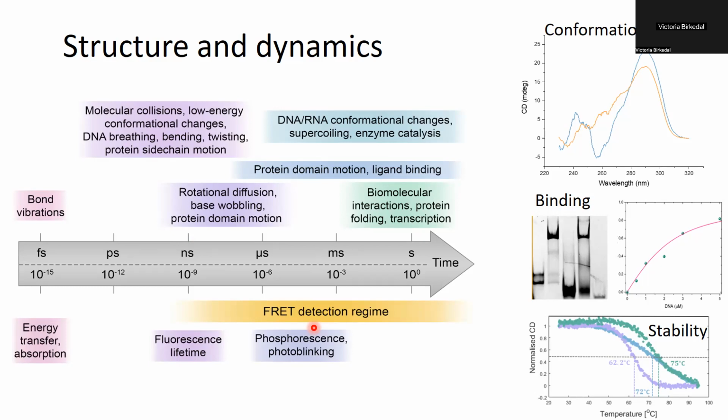The top one is a circular dichroism. This tells us about the secondary structure to some extent. The binding tells us if they're bound or if they're multimers. And then this is a binding curve where we get a KD. And this one is a melting experiment, where we get the melting temperature, which tells us something about the stability of the construct.